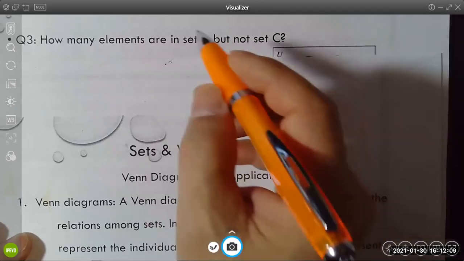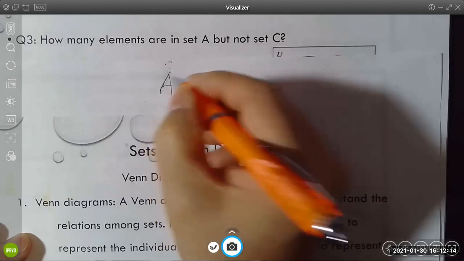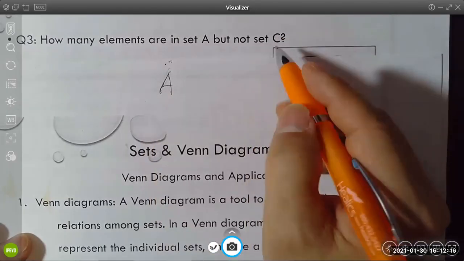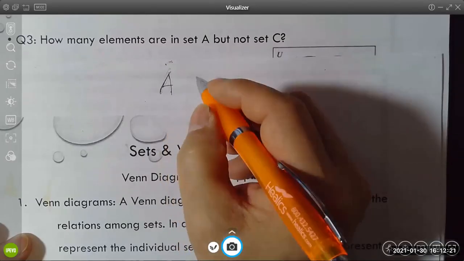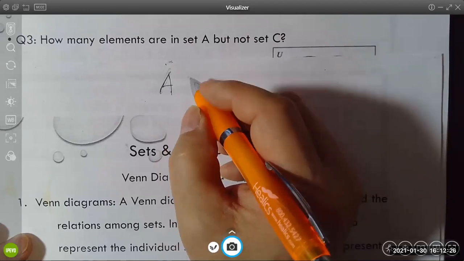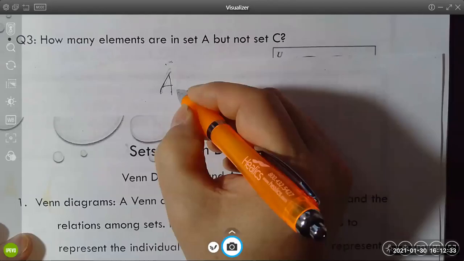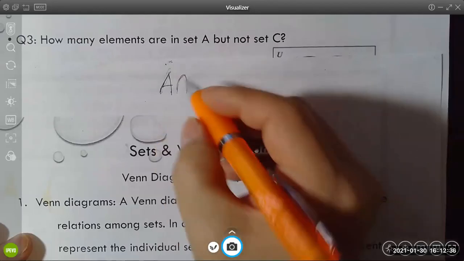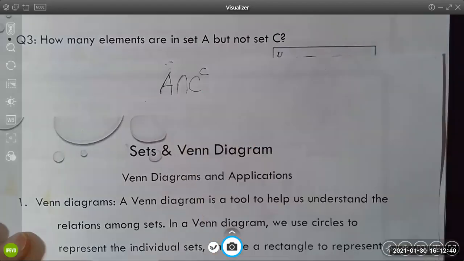So we want elements in A, this A. At the same time, we don't want those that are in C. At the same time means like 'and'. I remember in the last video, we mentioned that intersection can also be represented by the word 'and'. Intersection with what? We don't want anything in C. So that's the way to represent it using set notation.